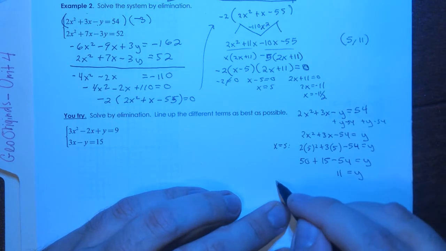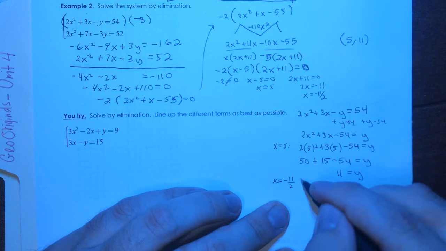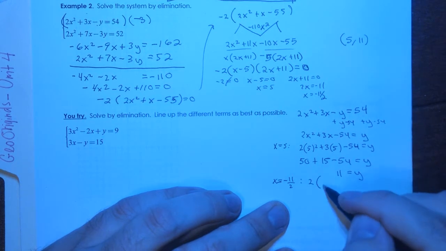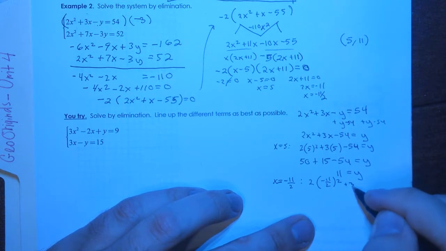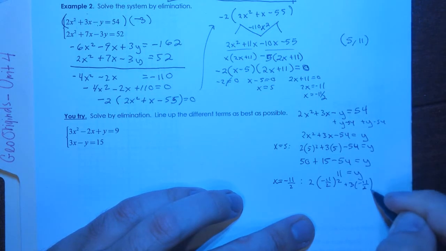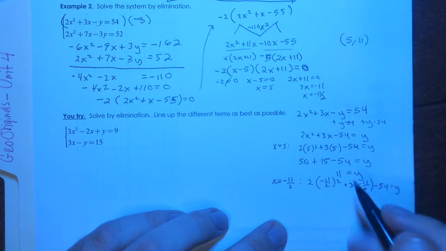Now when I put in negative 11 halves, I have to be a little bit more careful. You might want to use a calculator if you're not very comfortable with fractions. But when I substitute 2 times negative 11 halves squared plus 3 times negative 11 halves minus 54 is equal to y.